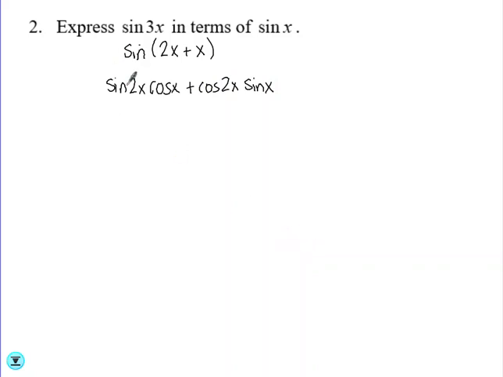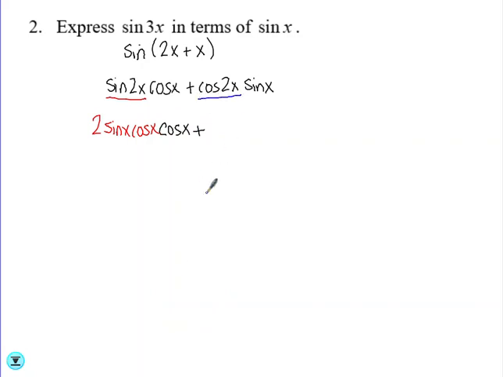Now I can use my double angle formulas to simplify sine of 2x and cosine of 2x. I know that sine of 2x is 2 sine of x cosine of x. And I'm still multiplying by this other cosine of x.